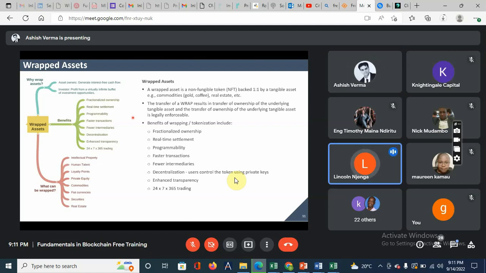When you convert the title into a hash, would I be able to reverse that process as the owner of the asset? No. Once the process is done, it cannot be reversed.